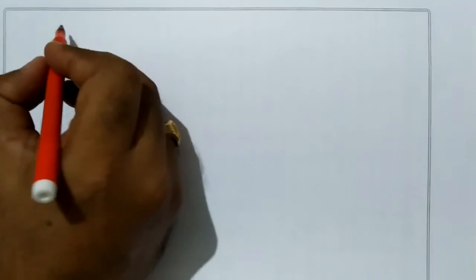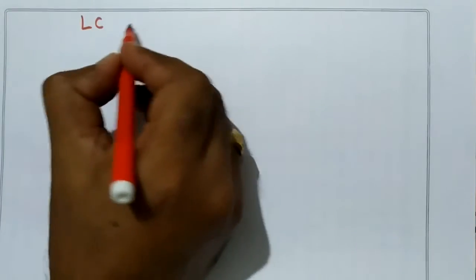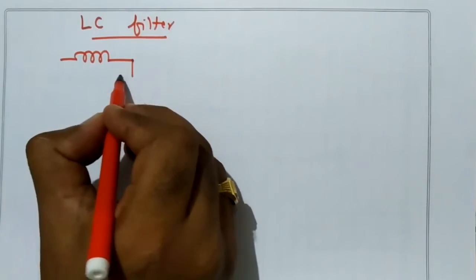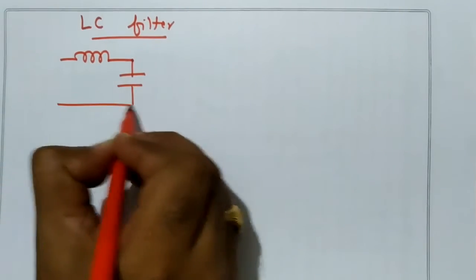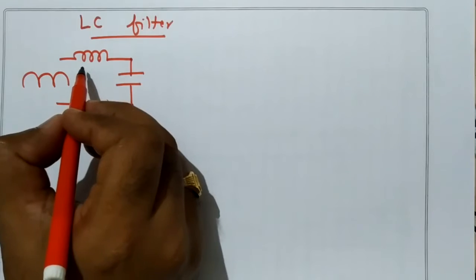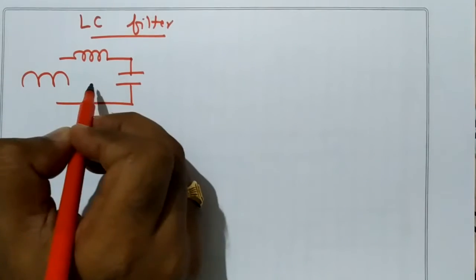Next type of filter is an LC filter. It is nothing but a combination of series inductor filter and a shunt capacitor filter. So here you apply the pulsating DC. Now it is like a double filter.